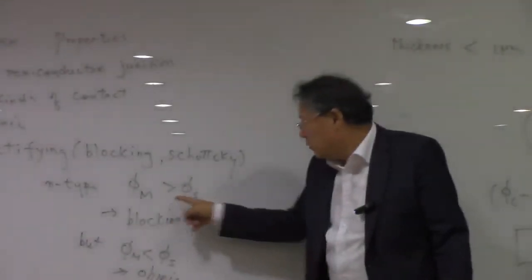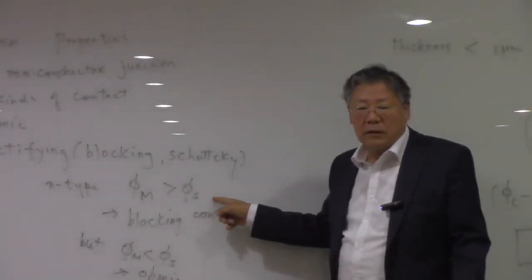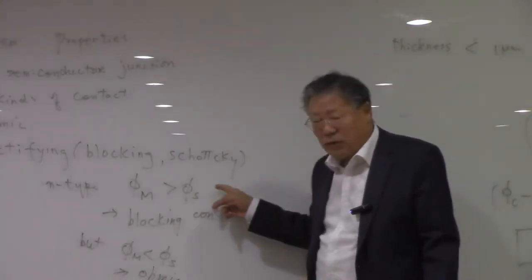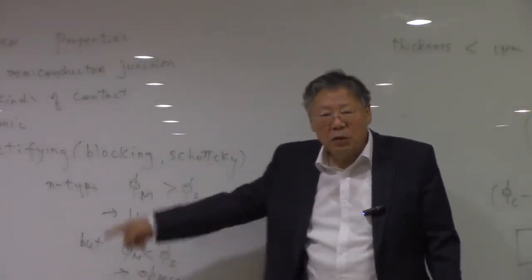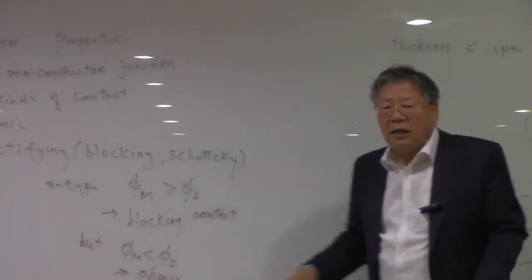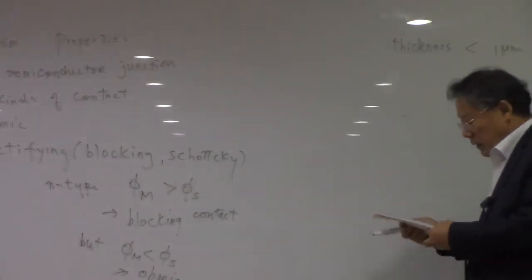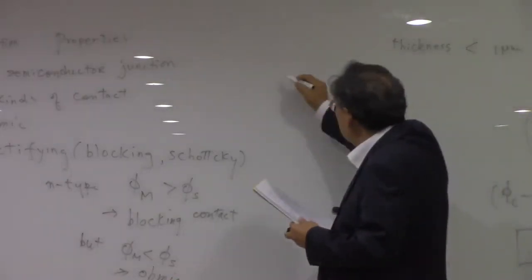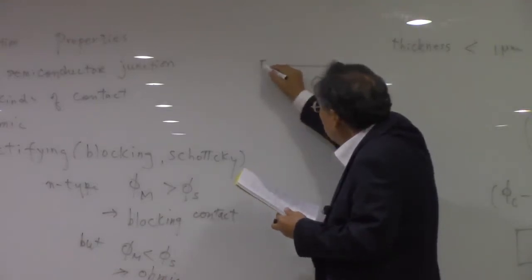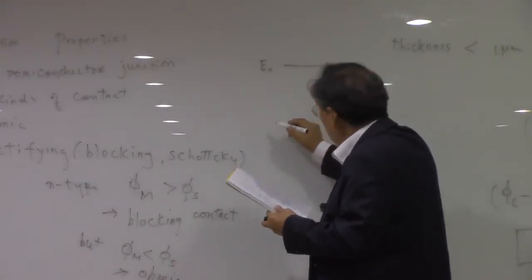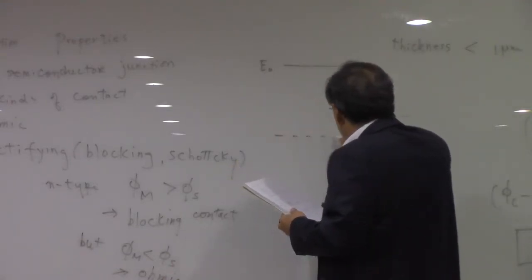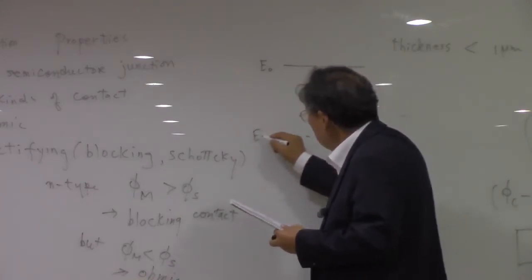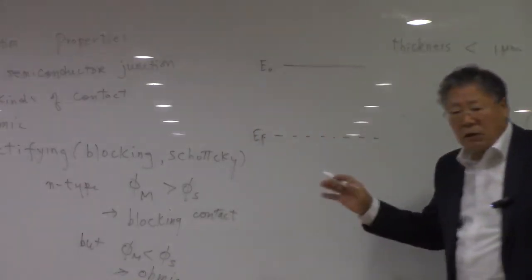But if the work function of a metal is greater than the work function of a semiconductor, then the electron has to flow from the semiconductor to metal. Then there should be a barrier for that, and that barrier can be drawn. This is a vacuum level, for example, and then this is the Fermi energy of metals.